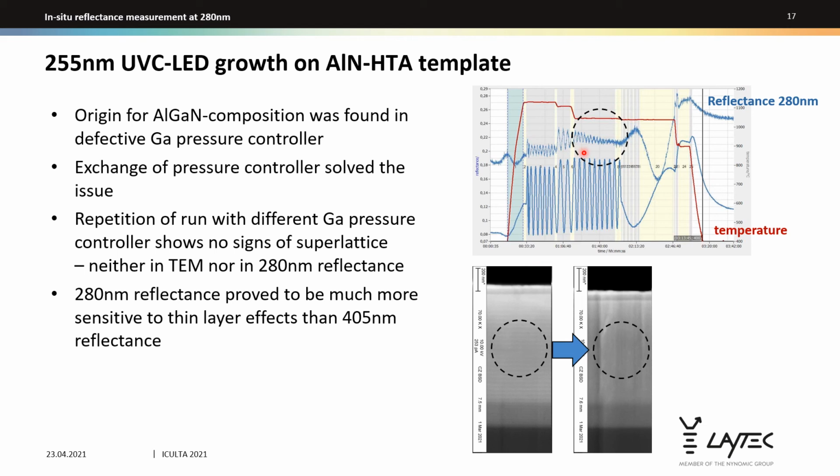Here is the AlGaN layer, and we see also in the second part, nice sinusoidal oscillations. And here the comparison of the TEM picture before the exchange and after: the superlattice is gone. So this was a good example to show how the 280 nanometer reflectance proves to be very sensitive to thin layer effects and much more sensitive than the 405 nanometer reflectance.